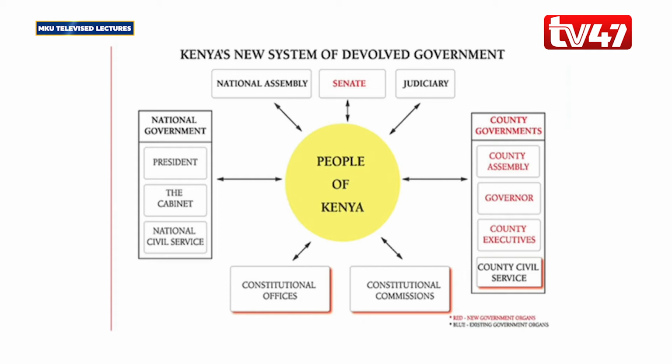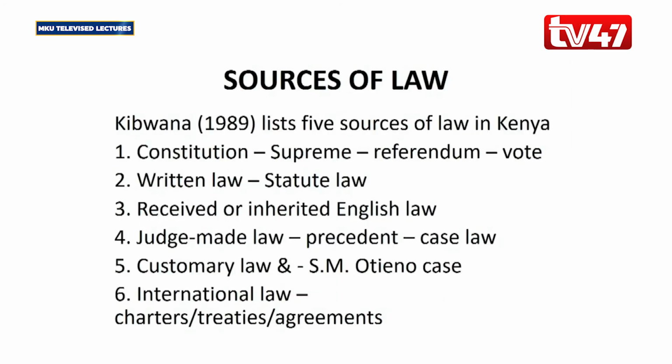But we have new offices and institutions that have been created by the new constitution, such as the constitutional commissions and the constitutional offices. So since our concern really is the idea of representative democracy and parliament being the assembly that represents the people of Kenya, we look at what the sources of law are.